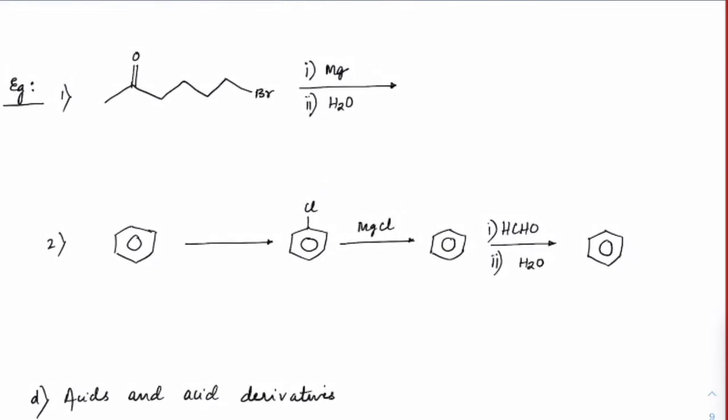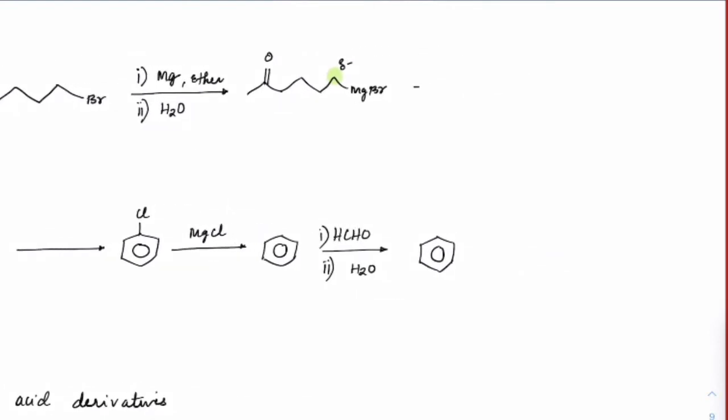Let us see these two questions. Suppose we have a keto group, and on the same ketone, on the carbon somewhere, we have bromine here. When you treat that with magnesium in ether, first we will have a Grignard's reagent forming, with double bond O and MgBr, which means this carbon will have sufficiently delta negative. So intramolecular nucleophilic addition will take place, which means this carbon will attack here.